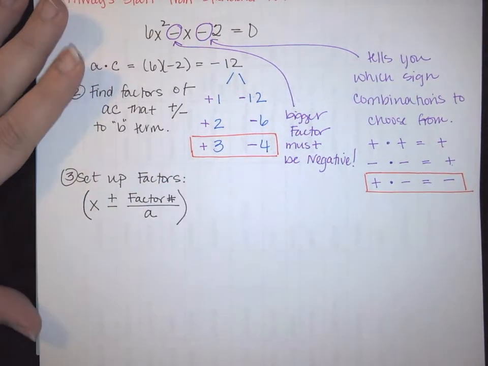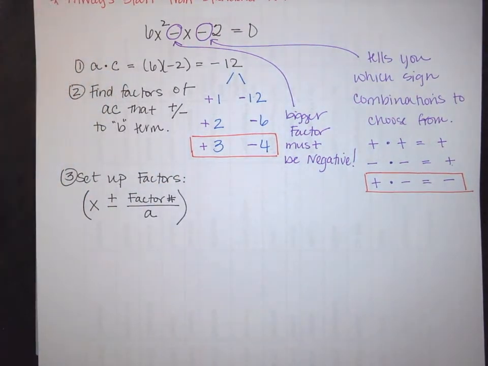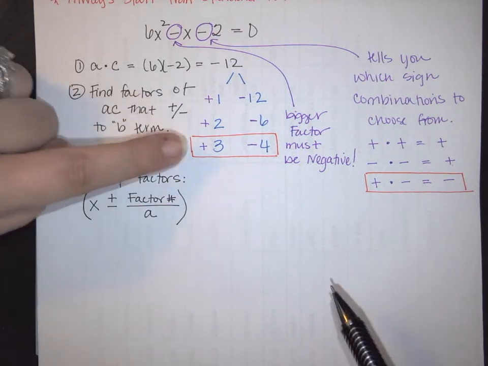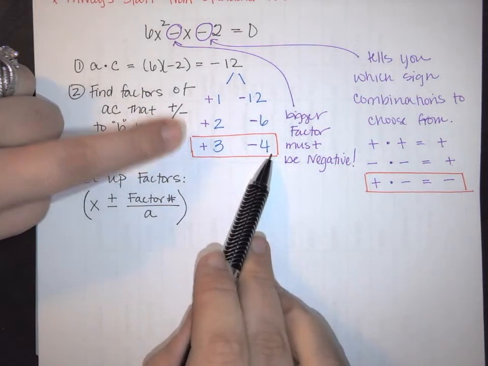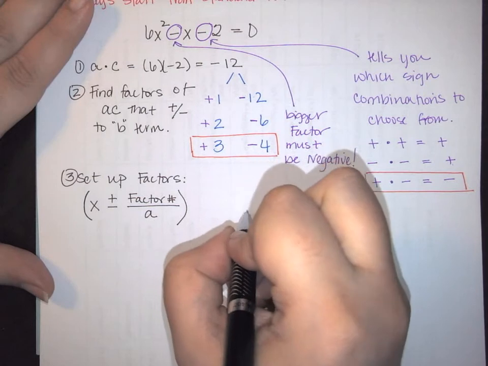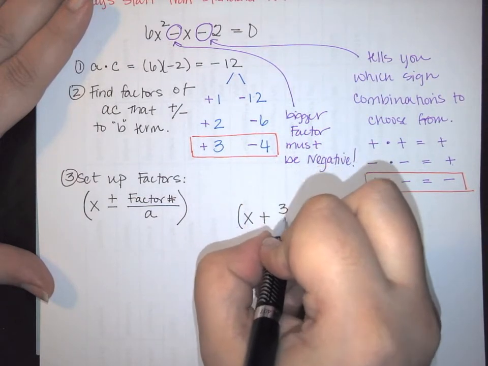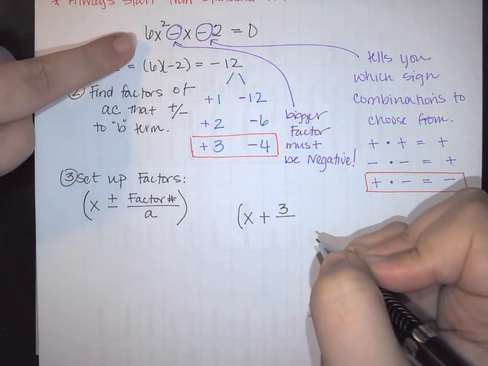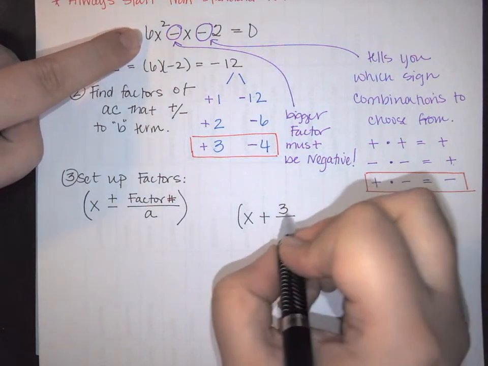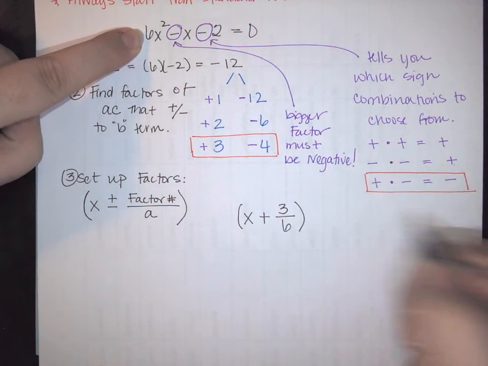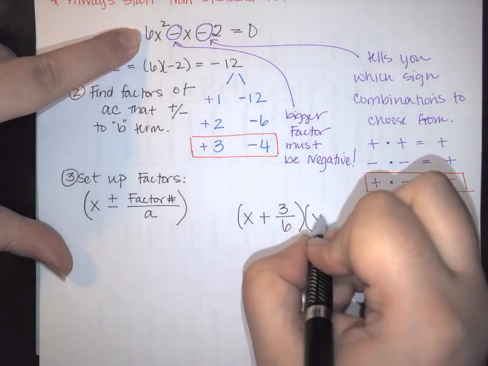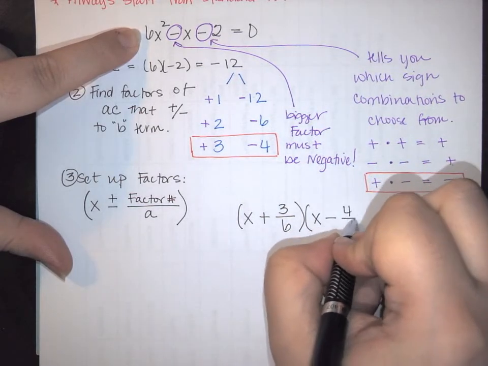And you are going to set that up for each factor. So we have +3 and -4. So this says we're going to set this up where we have x plus 3 over, and if you remember from the beginning, our a term was 6. And then we're going to have x minus 4 over 6.